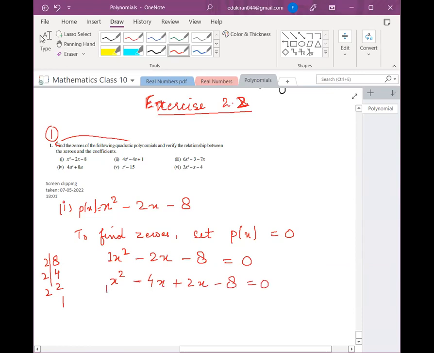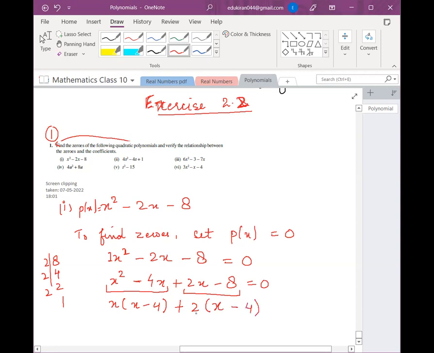Now from first two terms, what can you take common? x. Okay. So x minus 4. Now from these two terms, what can you take common? See, 8 is also a multiple of 2, right? So can you take 2 common? So the first term will give me only x, and here I'll get 4.